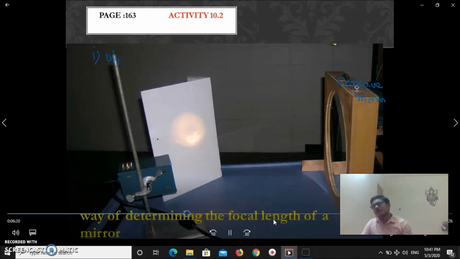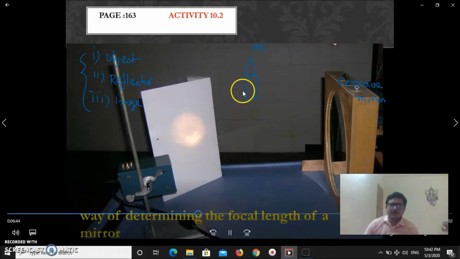Clear? Okay. For image formation, three distinct things we require. One is the object, second is a reflector from where rays can reflect, and third is a screen for the image formation. That white material here is our screen.